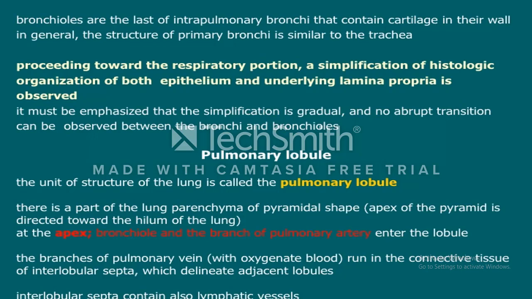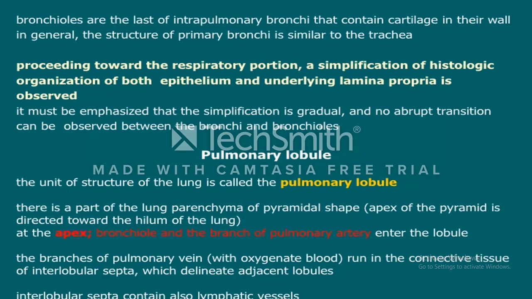Lung has lobe and lobule. A lobule in the lobe of lung consists of bronchiole, terminal bronchiole, respiratory bronchiole, alveolar duct, alveolar, alveoli. The apical part of this lobule is very narrow. The basal part of this lobule is very flat.